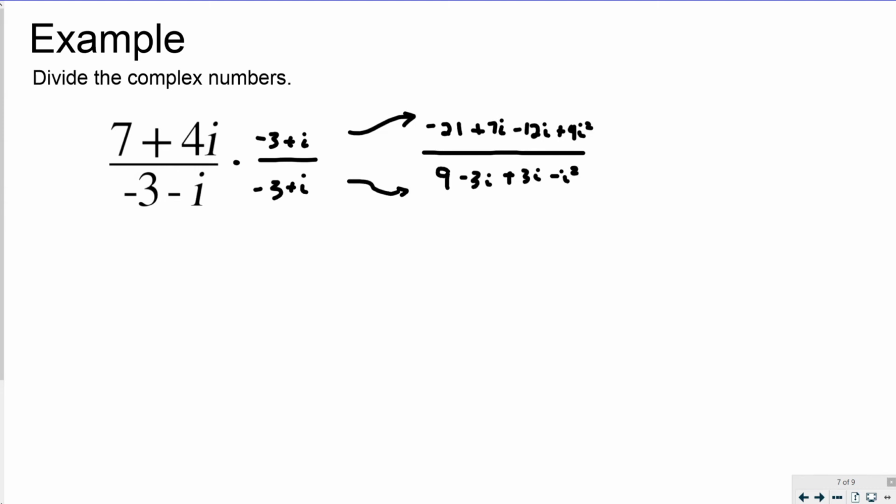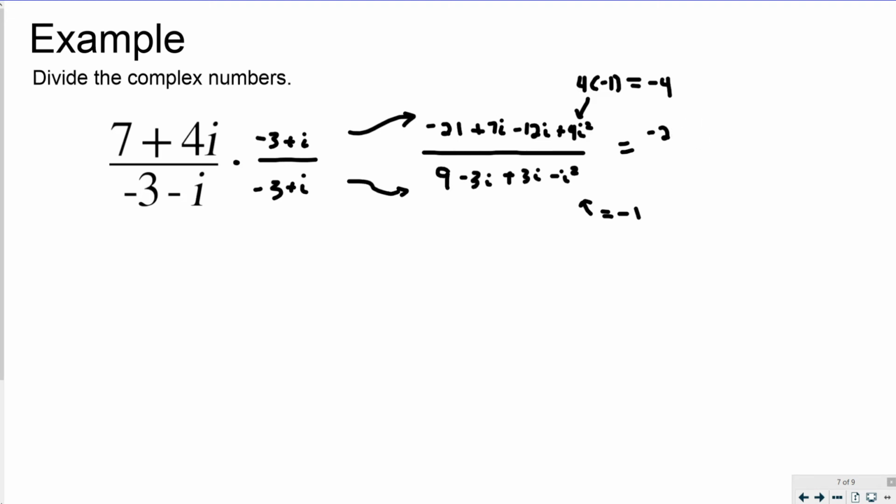Okay. So then final simplification on the top here with this 4i squared. This is like saying 4 times negative 1, which is negative 4. On the bottom, i squared is just equal to negative 1. So on the top, negative 21 minus another 4. So negative 21, and then it's plus negative 4.